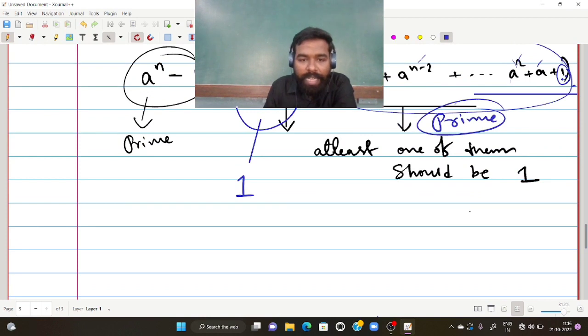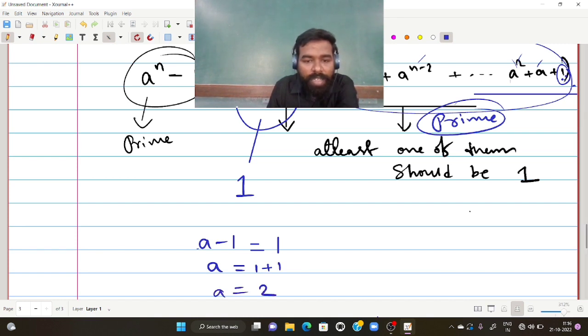So our assumption is that a minus 1 is equal to 1, and we claim this because this part cannot be equal to 1, as you can see that it is more than 1. Some terms are going to add with 1, so it's definitely more than 1. So now taking this 1 outside, 1 plus 1, and a is equal to what? 2.